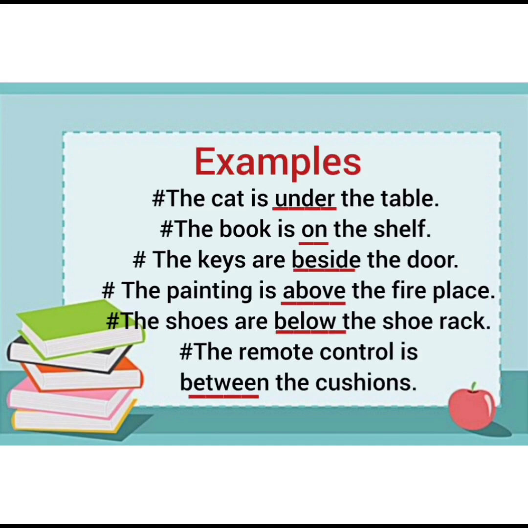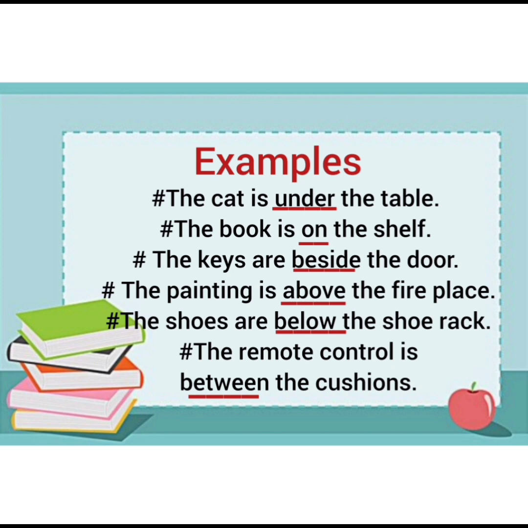The cat is under the table. Now under is used here to show the position of the cat. The book is on the shelf. Again, to show the position of the book, on is used. The keys are beside the door. Beside here is a preposition of place.